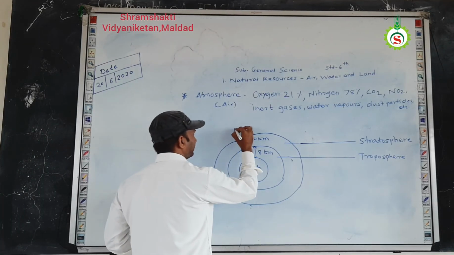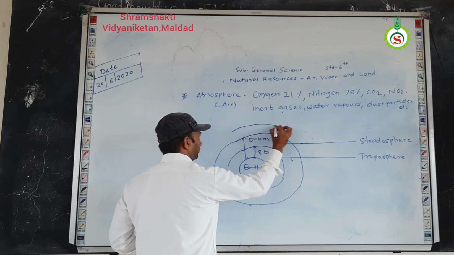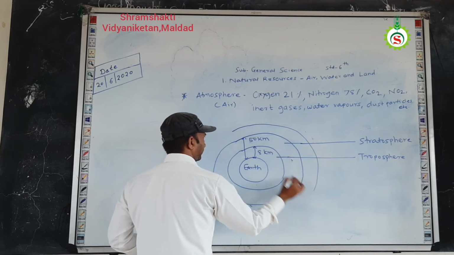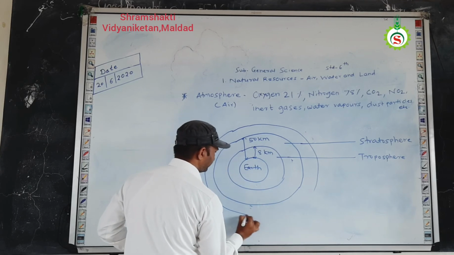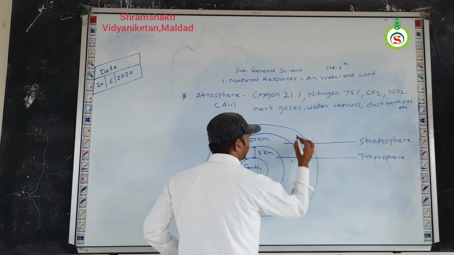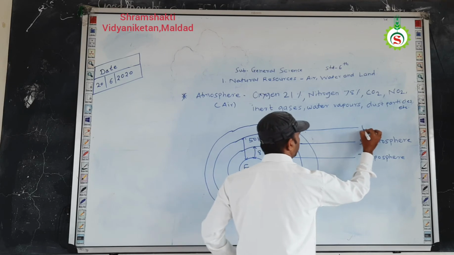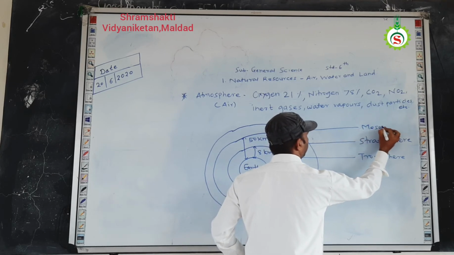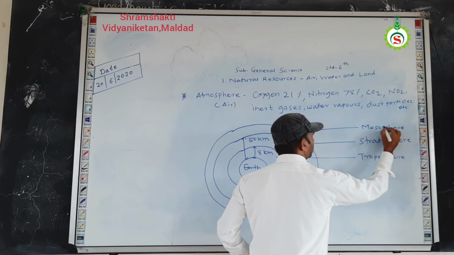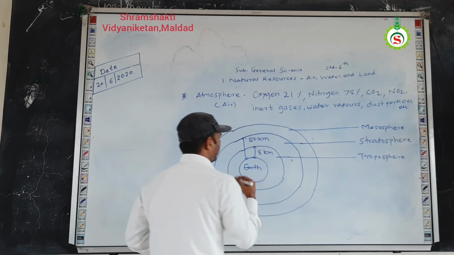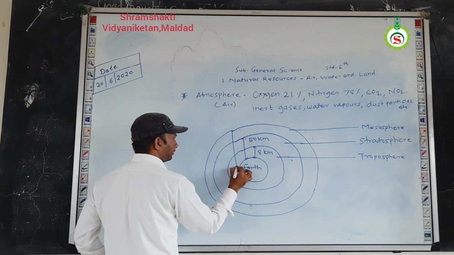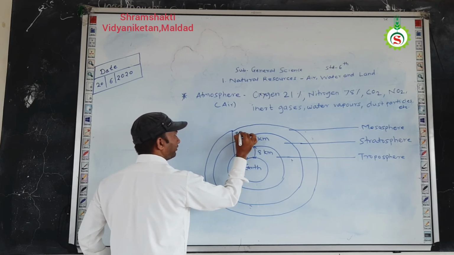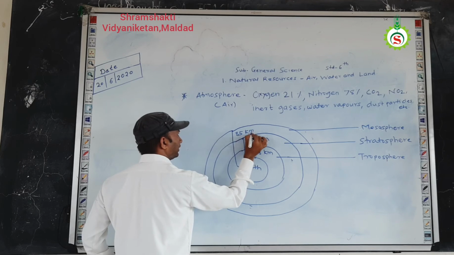Then the third layer is mesosphere. Mesosphere surrounds the area above the Earth's surface up to how much distance? 85 kilometers.